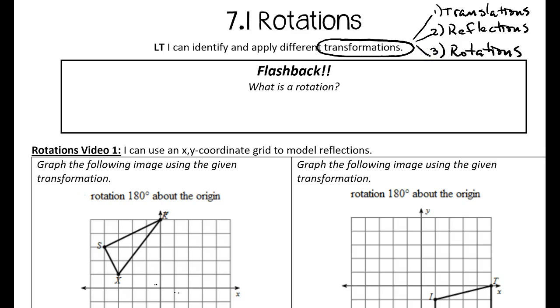So let's flash back here. What is a rotation? A rotation is a turn about a point.